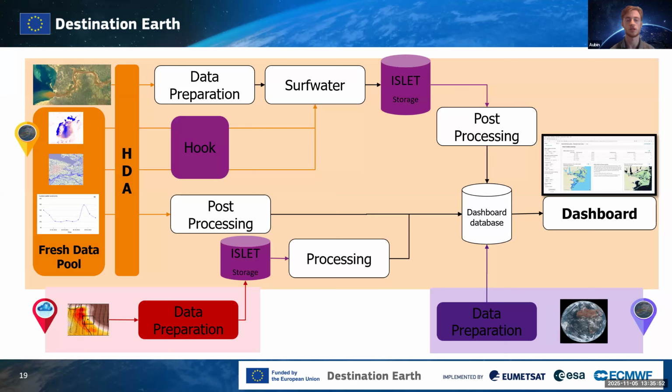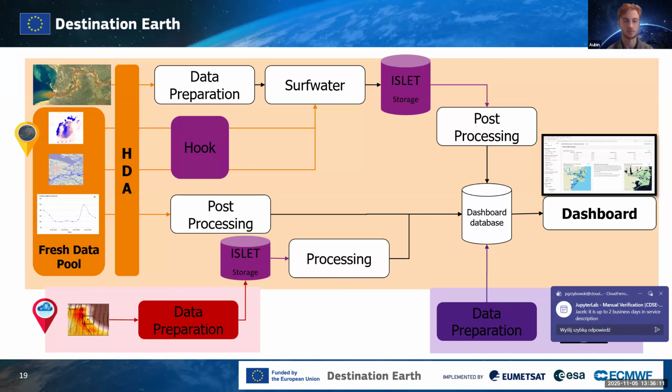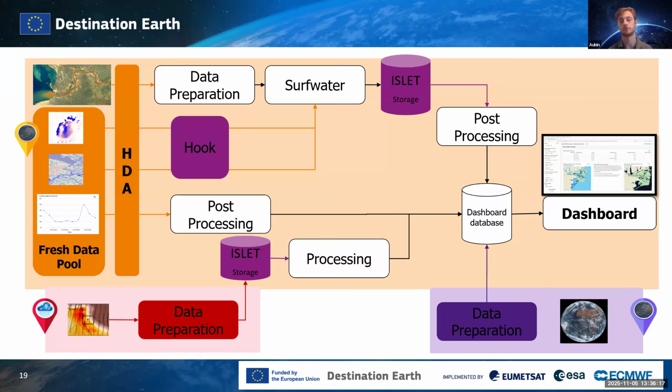In orange is a service called Islet Compute that allows us to create virtual machines to run our processes. On these services, we created post-processing and data preparation algorithms, pulled data by querying the HDA API, and fed this data to a processing algorithm such as Surfwater.